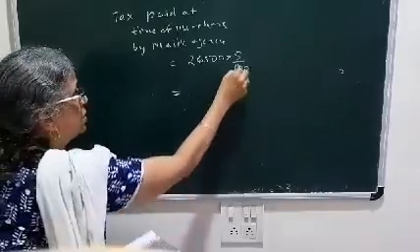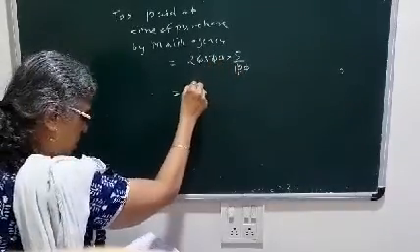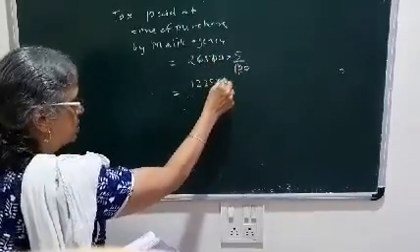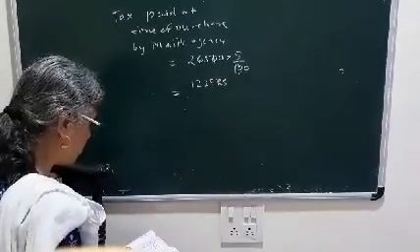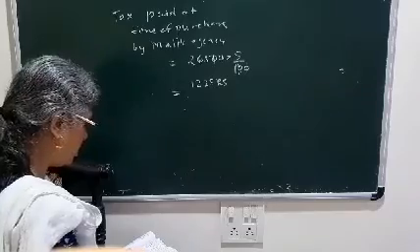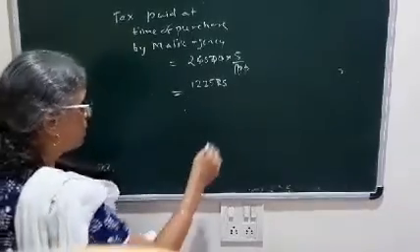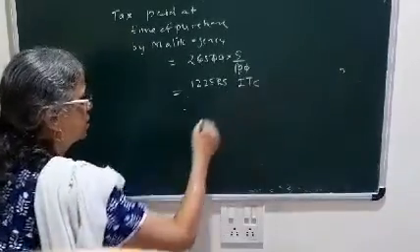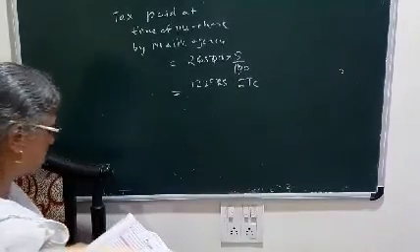So cancelling these two, we will get 1225 rupees. Now these 1225 rupees will be the ITC for Malik Enterprises.